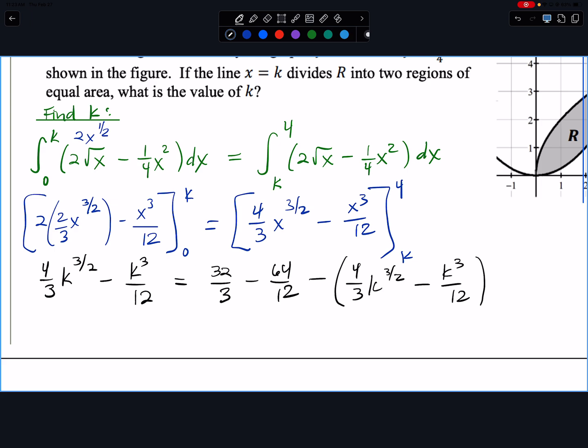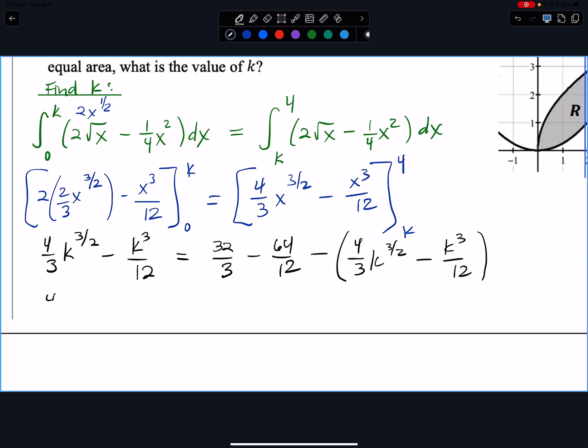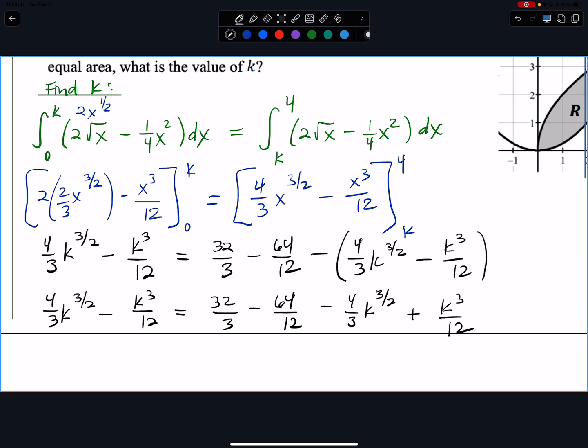Remember I told you guys we're going to use a calculator, right? So we're almost there. If I distribute the negative here and distribute the negative there, since we're using a calculator, guys, I'm not even going to simplify over here. I'm just going to leave it like this. Minus 4/3 k to the 3/2 plus k cubed over 12.